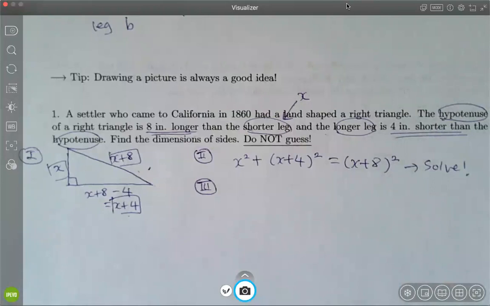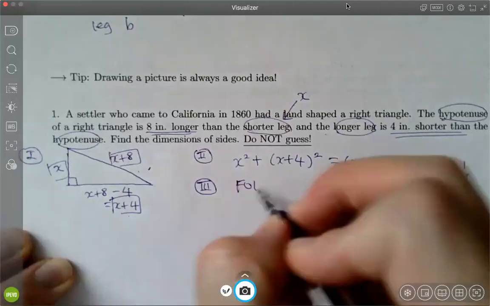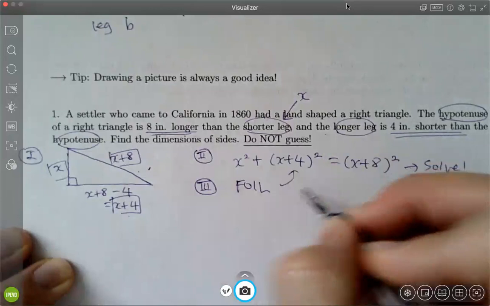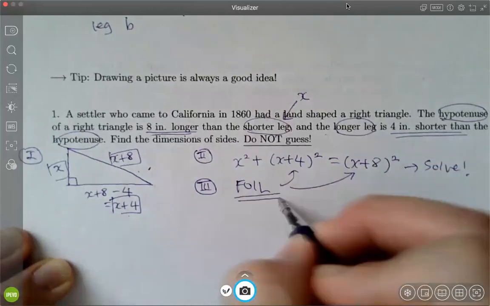Do we FOIL the squares? Right? FOIL x plus 4 squared and x plus 8 squared. Yes. So that must be the first step. So what do we get?